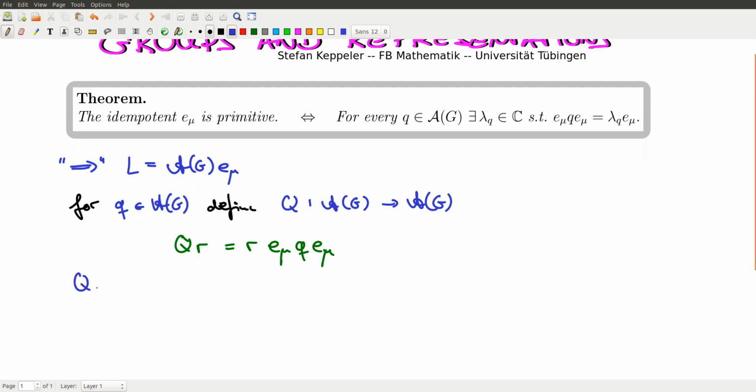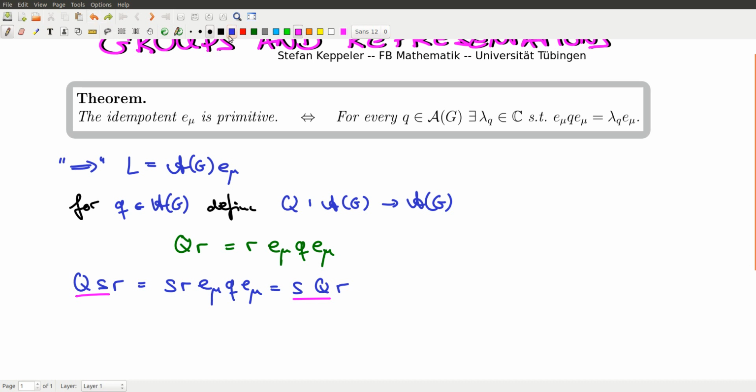Now consider this here. QSR. What's that? That's SR multiplied by E mu Q E mu. But R times E mu Q E mu, that's just capital Q times R. So we copy the S, and then we have QR. And now we see that QS is equal to SQ with any R here on the right.